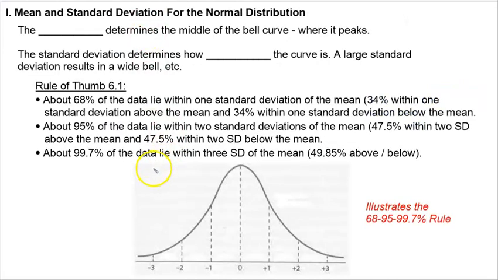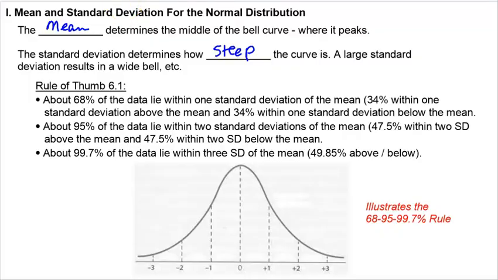All right, so let's dive in a little bit more. Mean and standard deviation for the normal distribution. We said a minute ago the mean determines the middle of the bell curve, so that's where the curve peaks. This number right here would represent the mean, also the median. The standard deviation determines how steep the curve is.